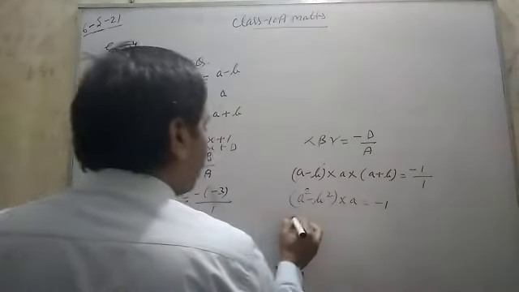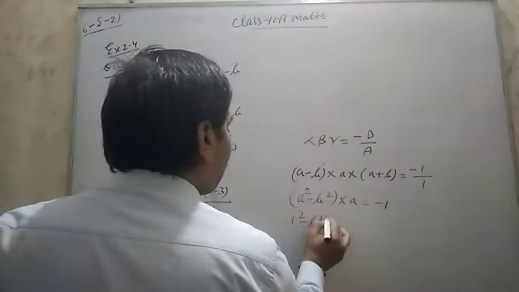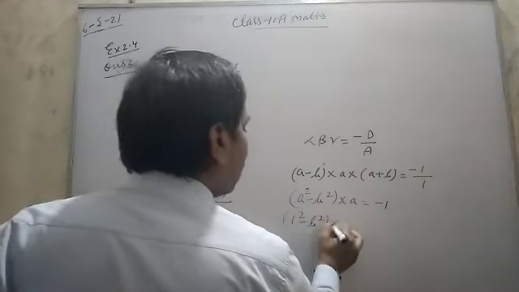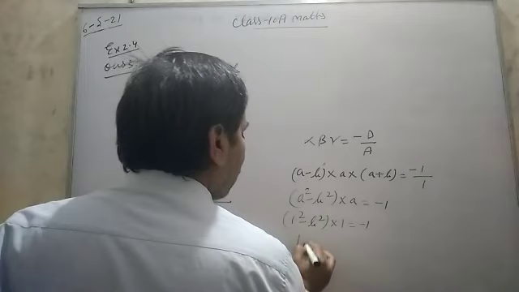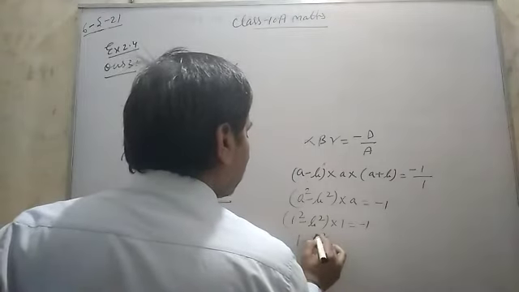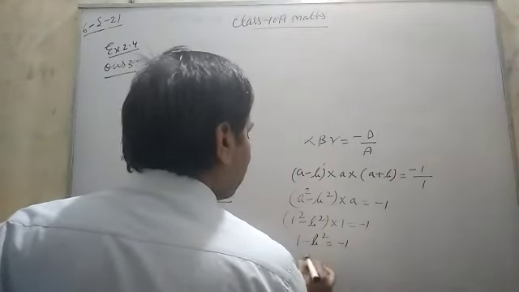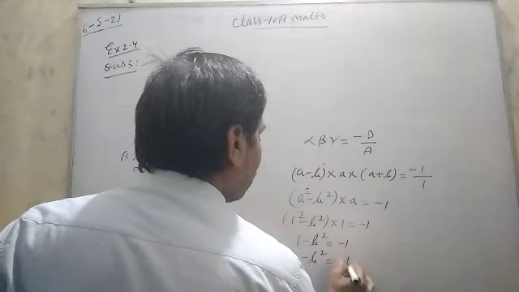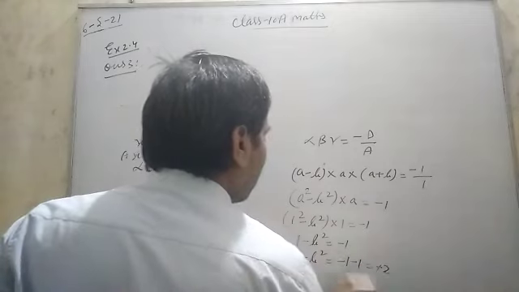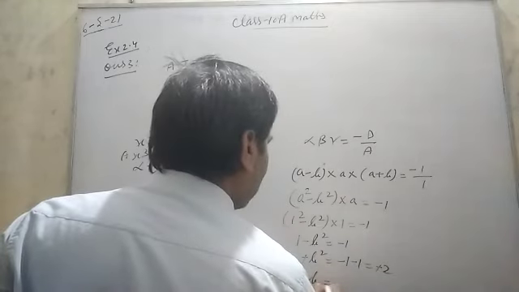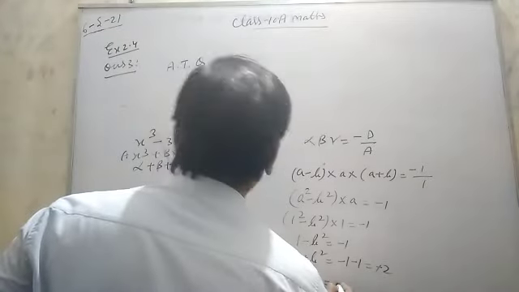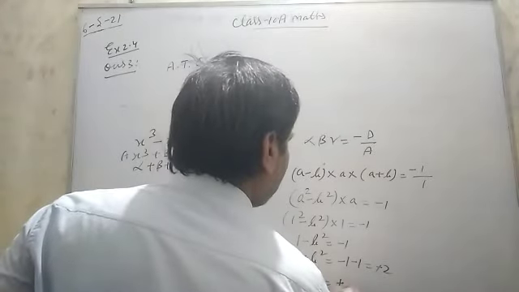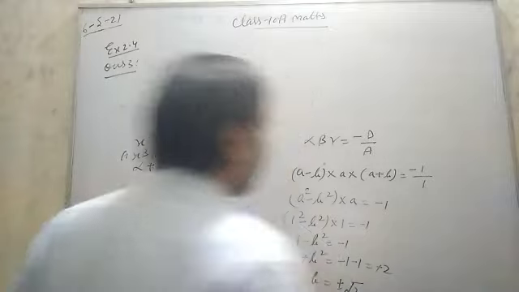Then putting a equal to 1, so 1 square minus b square into 1 is equal to minus 1. So 1 minus b square is equal to minus 1. So minus b square is equal to minus 2, the minuses cancel, so b is equal to plus minus root 2.